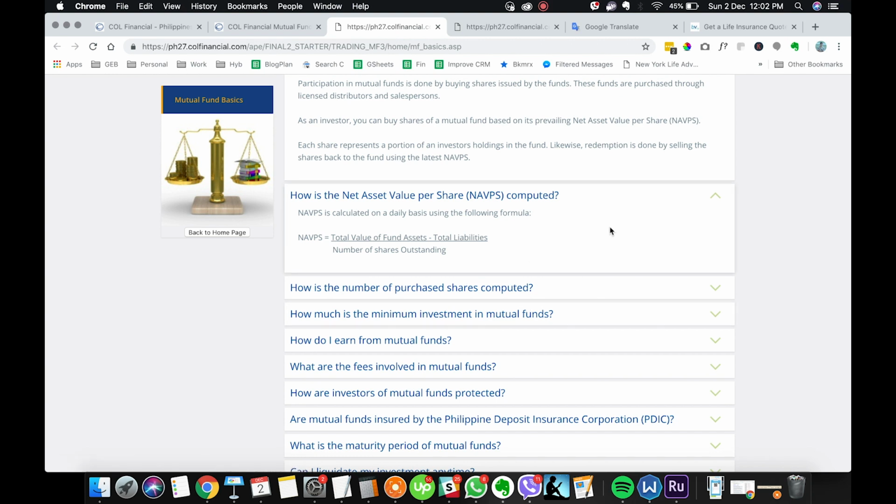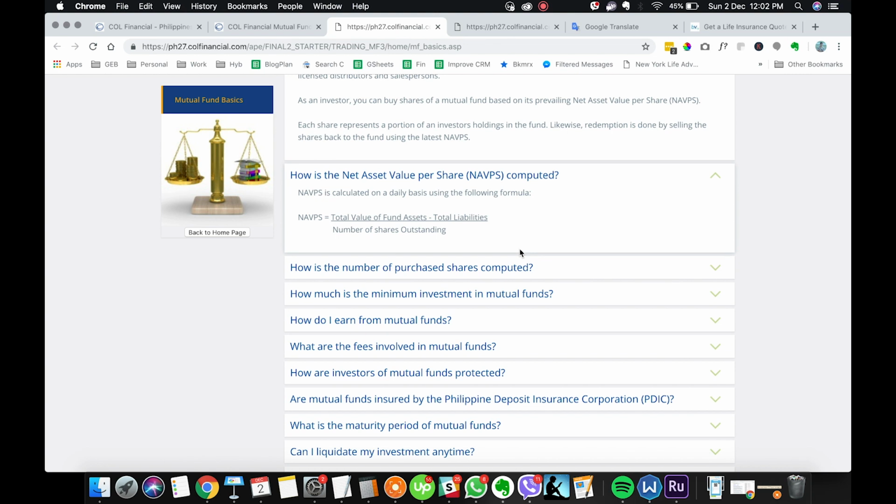Kunwari, when I bought a certain NAVPS of a mutual fund now at 1 peso, and in the next 10 years, that NAVPS is already equivalent to 30 pesos. So if I invested 10,000 pesos in the next 10 years, how much? So 10,000, naging 30, so naging 30,000. Alright, tama ba? Or 300,000.